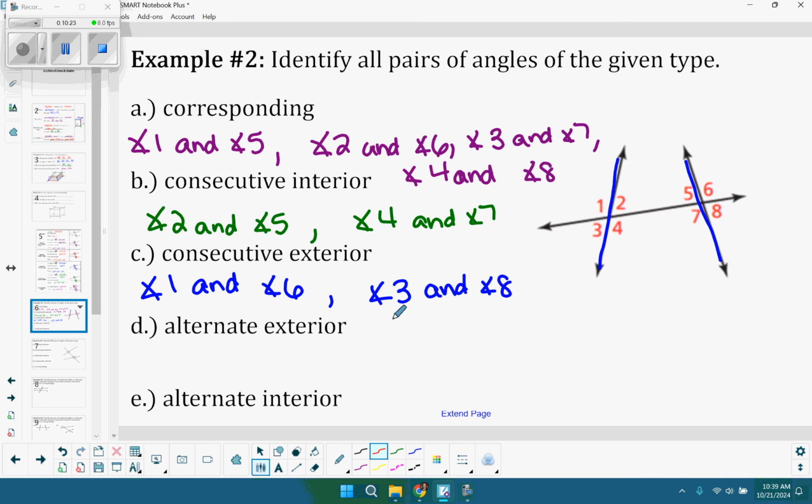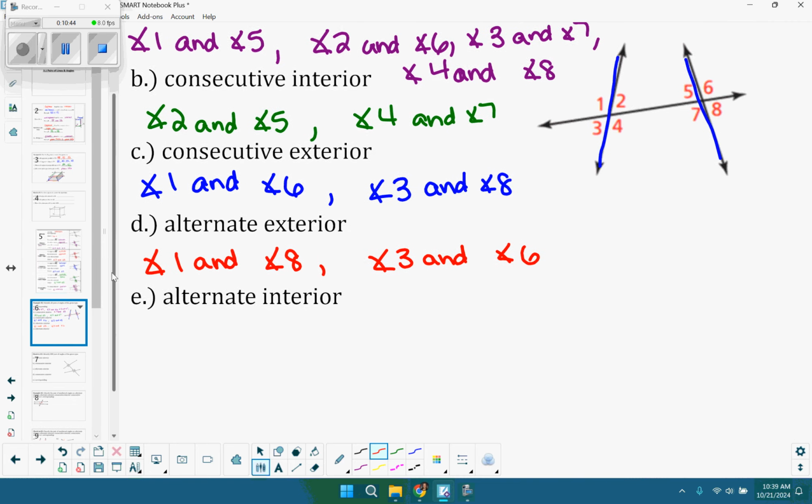Alternate exterior, so outside angles, but on opposite sides of the transversal. So if I pick 1, I have to jump to the other side to say 8. Or angle 3 and angle 6. And for our last one, we're back to some interior angles.